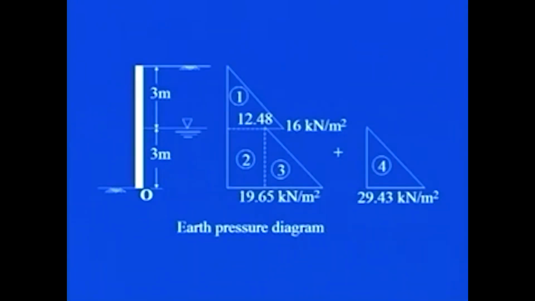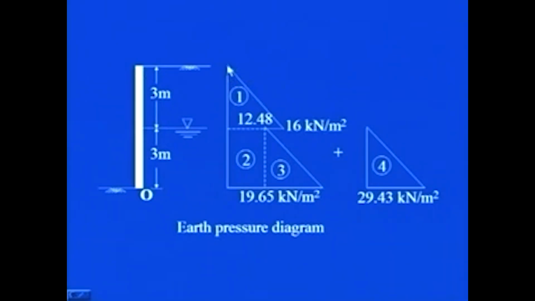Now you see here, the soil is different, and there is also a water table, and we have found out the pressure on top of the water table, the pressure at the bottom of it, and then the pressure at z is equal to 6.